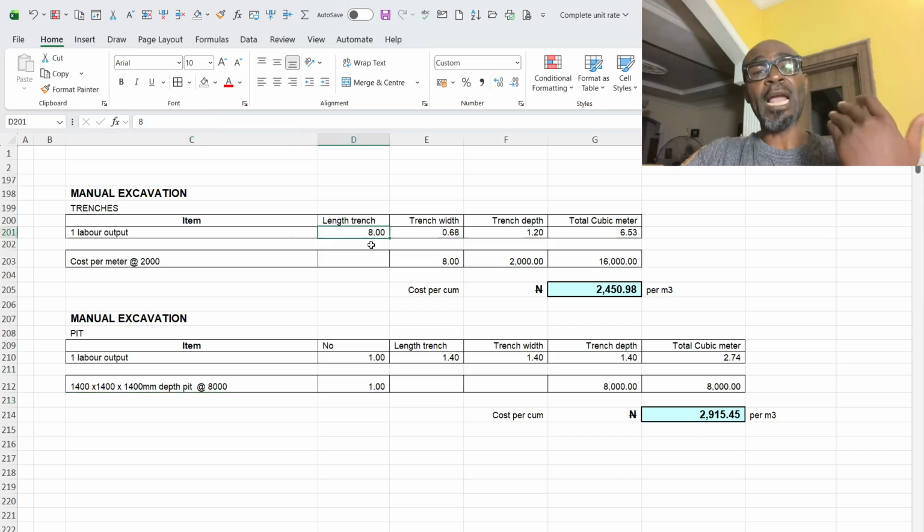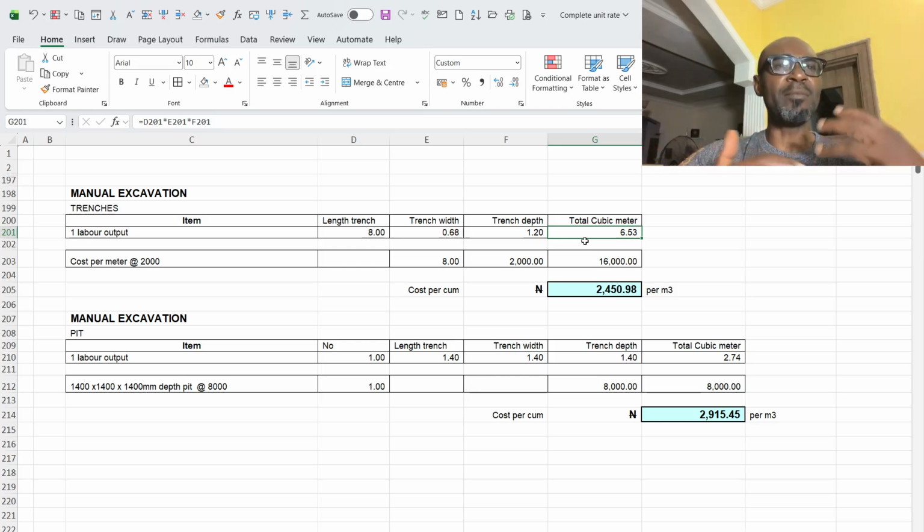So I got, say, 8 meters that an average laborer can dig: 8 meters of trench, which has a width of 0.8 and a depth of 1.2, and the volume of the soil that he has dug is 6.53 cubic meters.